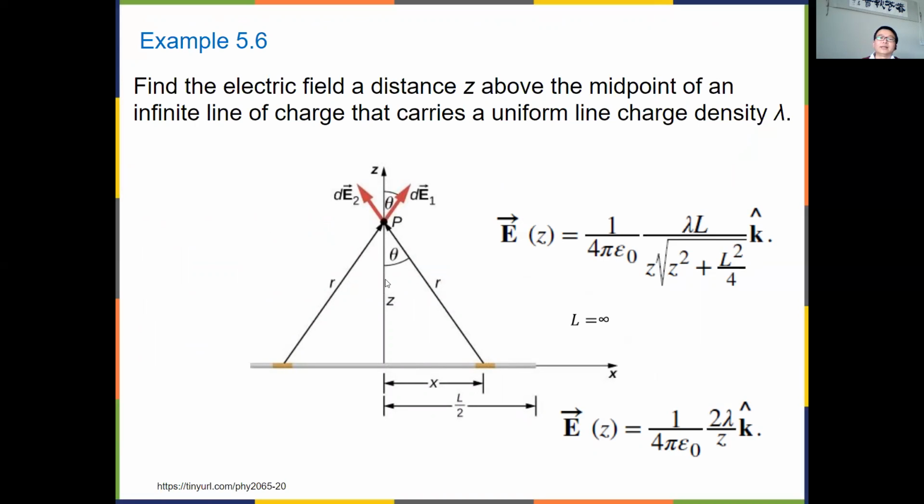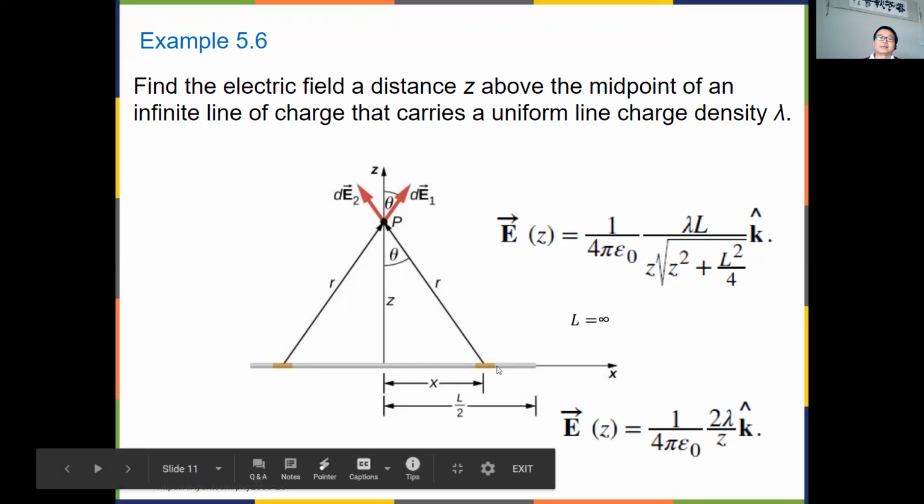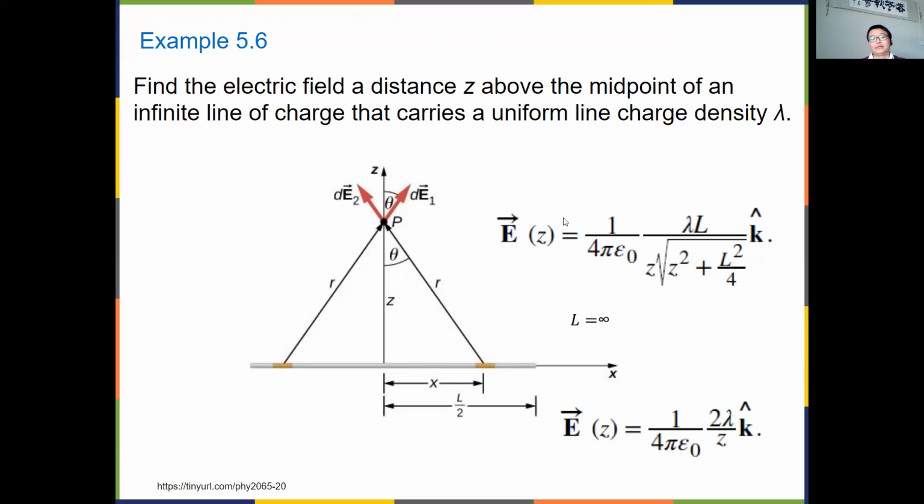Now, because of the symmetry in the x direction, the electric field will cancel out, so you only have electric field in the z direction in this case. And we derived it to be this expression over here: 1 over 4 pi epsilon times lambda times L divided by z square root of z squared plus L squared over 4. That's in the z direction.